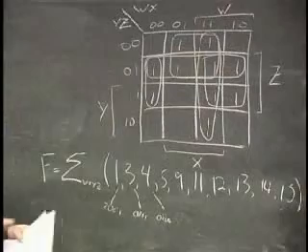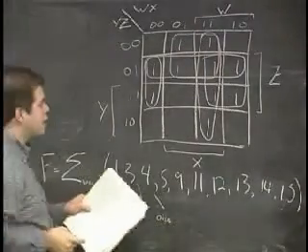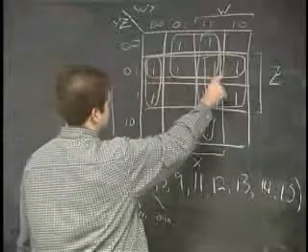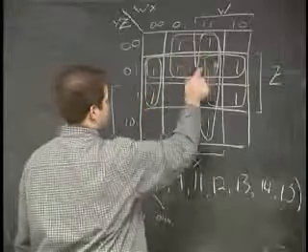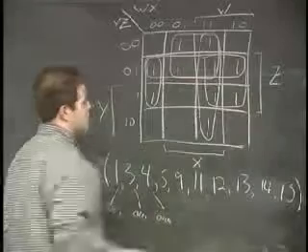All right, so we have all those, but we see something here. We see that this line across here is covered by this here, and this here, right?